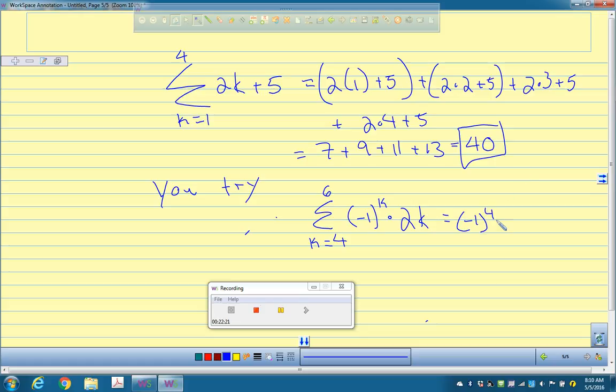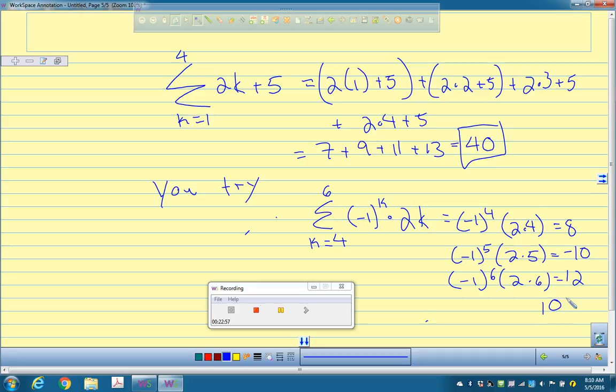So all that 4 does is it makes it positive the first time, 2 times 4, so the first term is 8. The next term is -1 raised to the 5th times 2 times 5, which gives you -10. And the sixth term is -1 raised to the 6th, which makes it positive, 2 times 6, which is 12. And then you add all those up, and you get 20 minus 10, which makes 10.